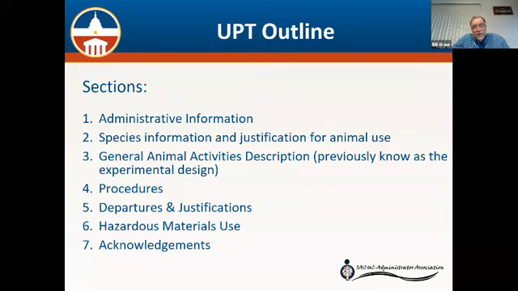We have a section in here that we hope will allow us to identify departures and justifications to make it easy to query and keep track through electronic systems. And then again, the hazard use section, which we're still contemplating and trying to figure out what to do there. And finally, some acknowledgements or various points where we're asking for PI assurances and things like that.